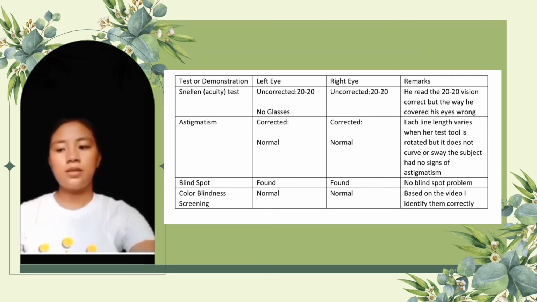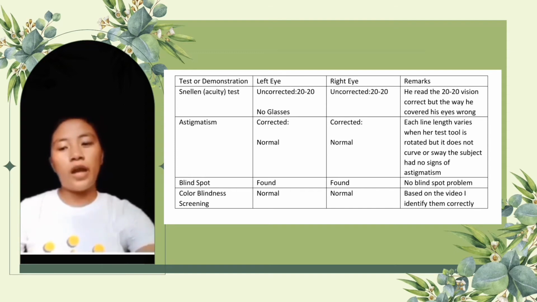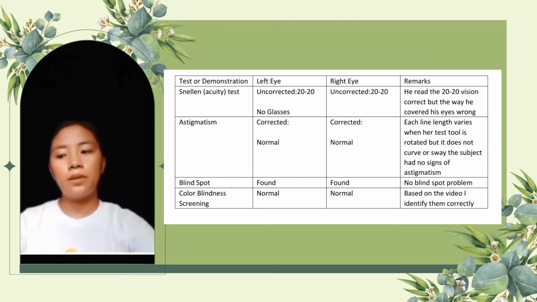Acuity test: left eye, 20/20, no glasses; right eye, 20/20. Remarks: he read the 20/20 line correctly, but the way he covered his eyes was wrong. Astigmatism: left eye normal, right eye normal. Each line's length varies when the test tool is rotated, but it does not curve or sway.